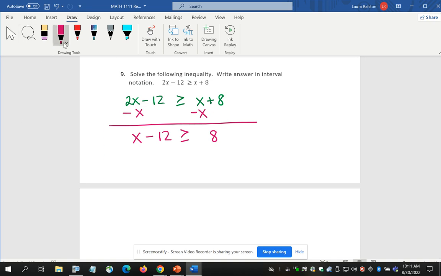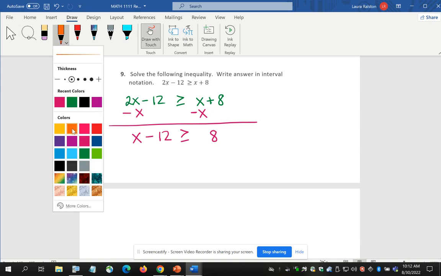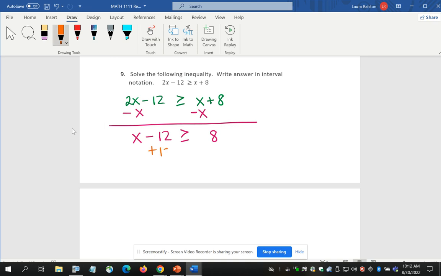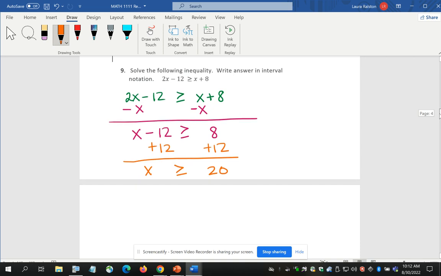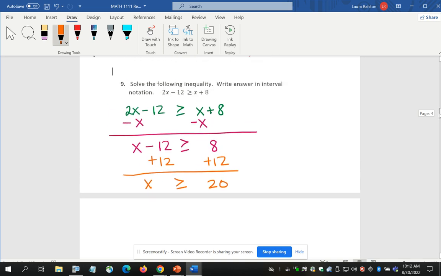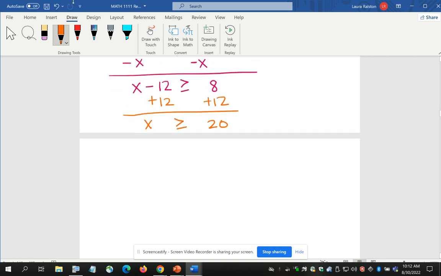I'm then going to add 12 to either side, so I have x is greater than or equal to 8 plus 12 is 20. Notice I did not have to invert or flip the inequality symbol because I did not multiply or divide by a negative number. Now the instructions ask you to write your answer in interval notation.